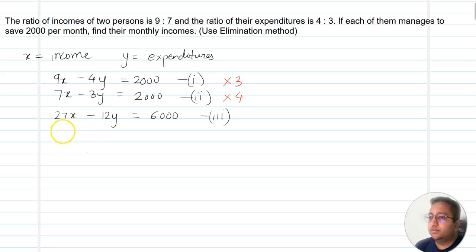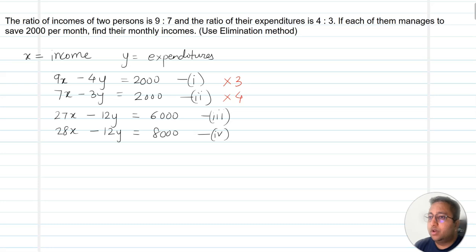That will give me 28x minus 12y equal to 8000. This is my fourth equation. Now, equation 3 and equation 4 are basically the same as equation 1 and equation 2, but in a different format. By doing this rearrangement, what we see is the coefficient of variable y in both the equations, equation 3 and equation 4, is the same.